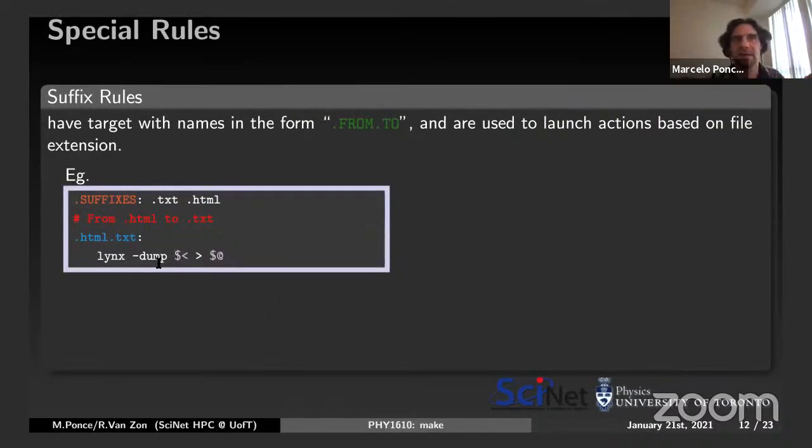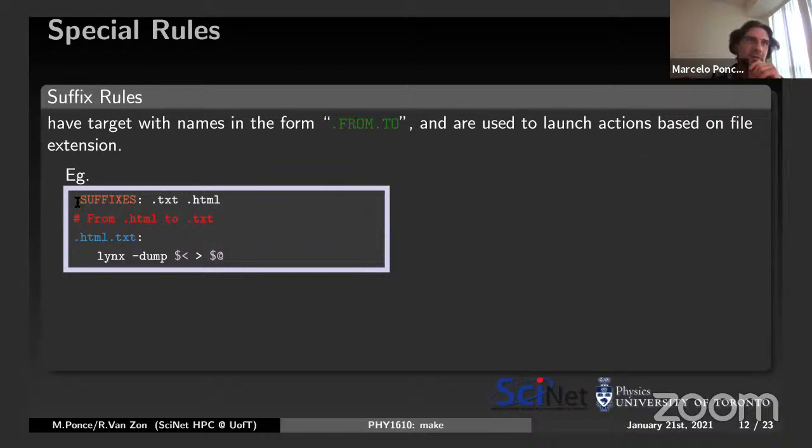And again, I'm keeping my examples a little apart from the C and C++ compilation. Another way to do funny things is to use something called suffix rules. This is a specific rule with names of the form from-to, used to launch actions based on file extensions.